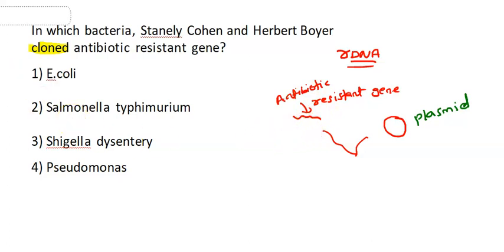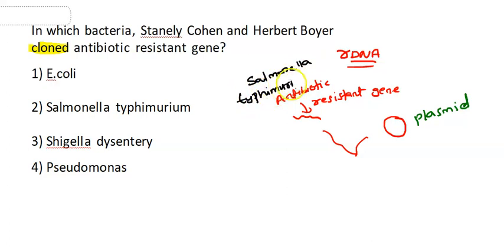This antibiotic resistant gene will be isolated from a bacterium, Salmonella typhimurium. This is also given in your NCERT book.